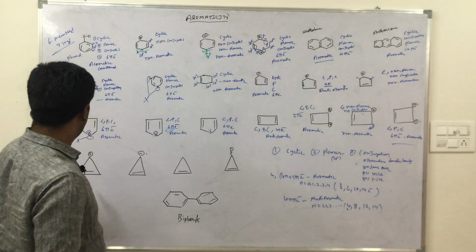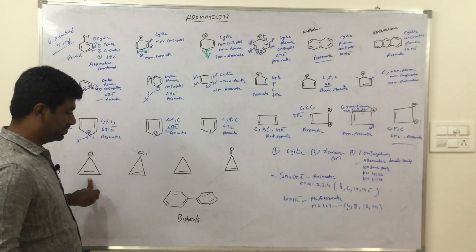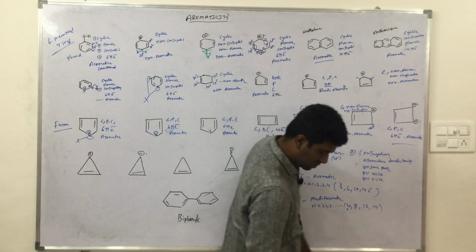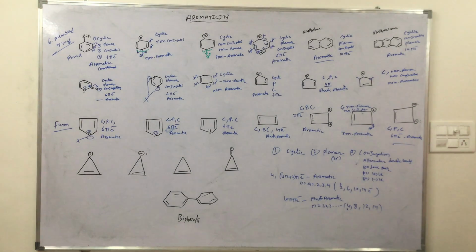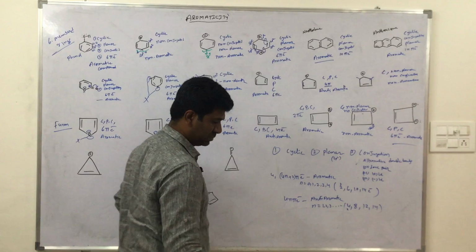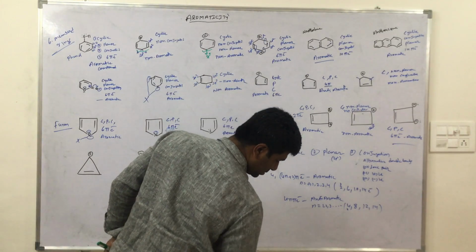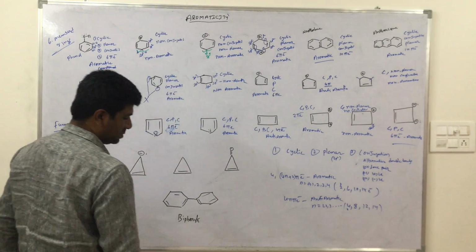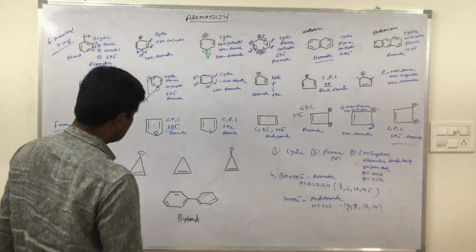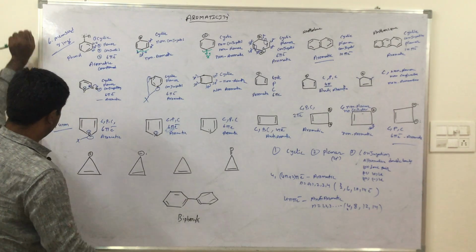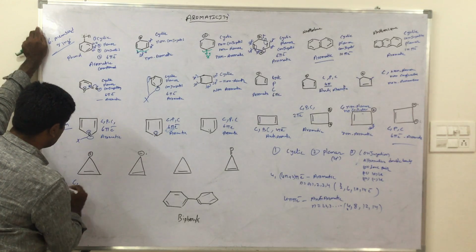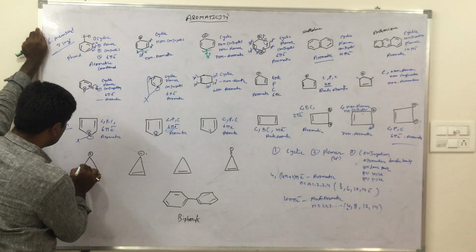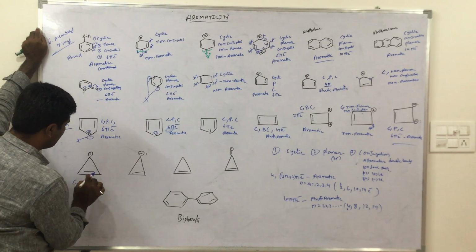Now this one, positive charge. See here, cyclic in nature na, pi bond, sigma bond, positive charge, sigma bond, pi bond. Observe carefully.